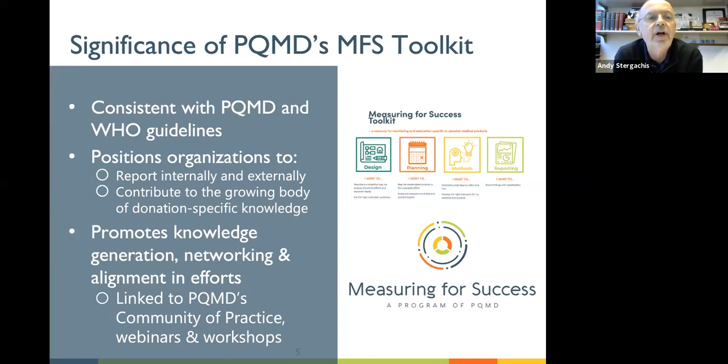All this collectively led to the development of the PQMD toolkit, and I'm looking forward to hearing from Julie Marie as you walk us through.